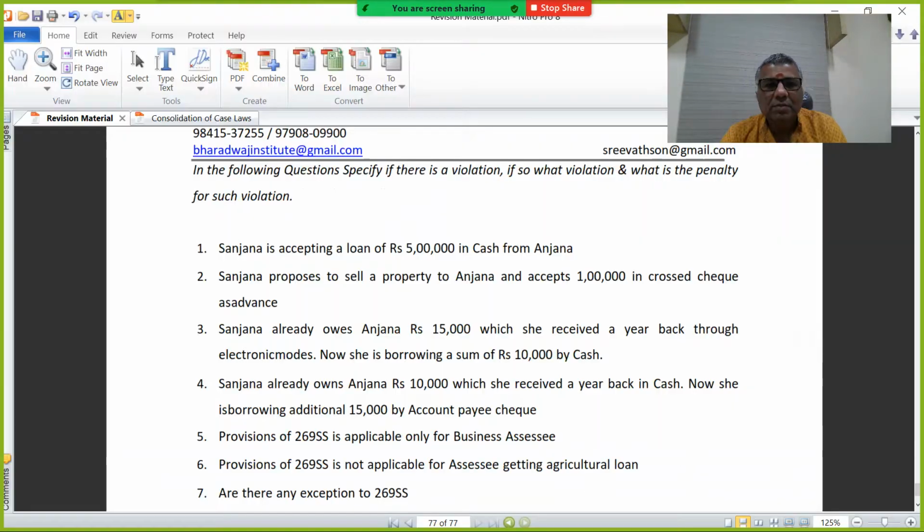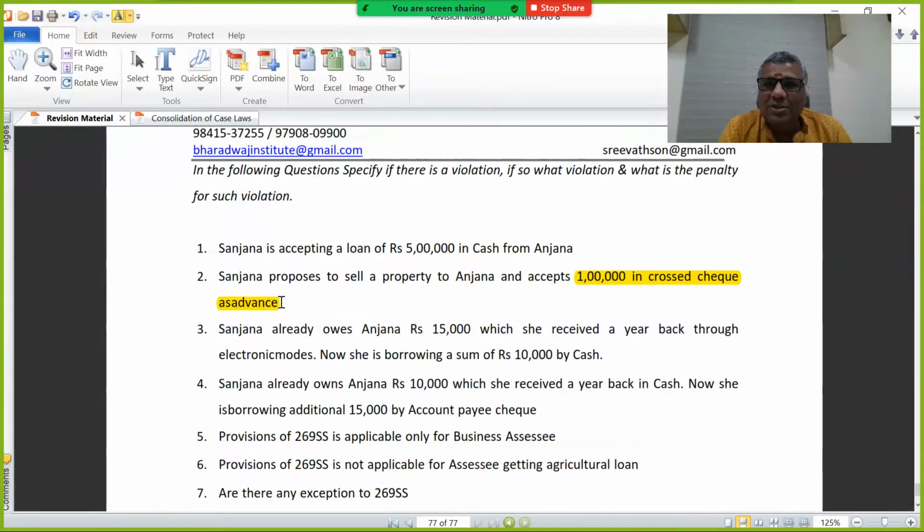Next, Sanjana proposes to sell a property to Anjana and received 1 lakh in crossed cheque as advance. Received in cross cheque, not an approved mode. Sir, is it partaking the character of loan or deposit? It is not only loan or deposit, it is loan, deposit, or any other sum of that nature.